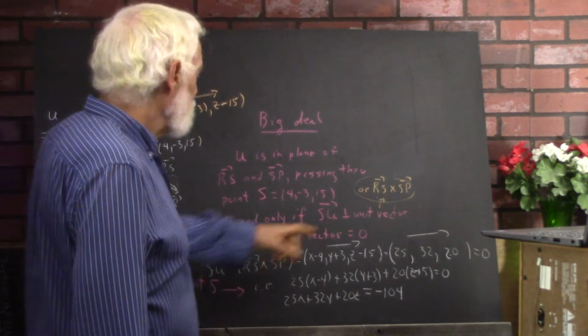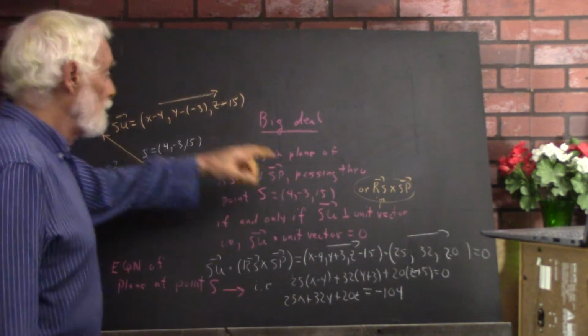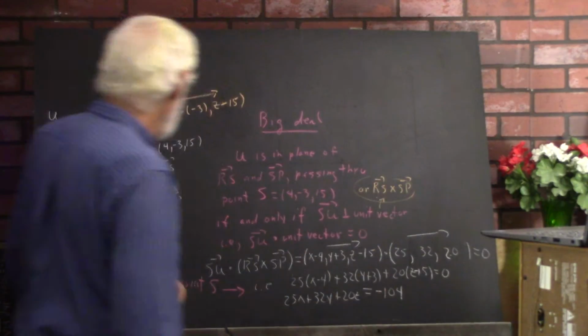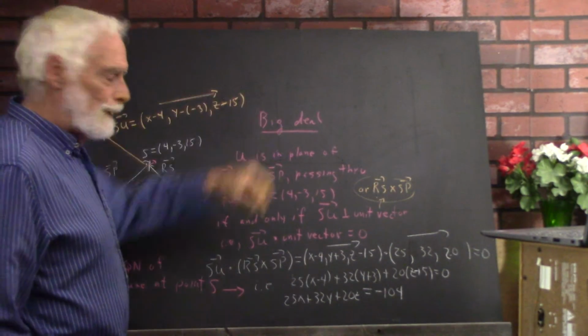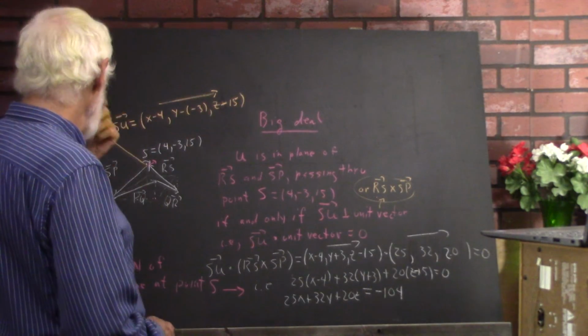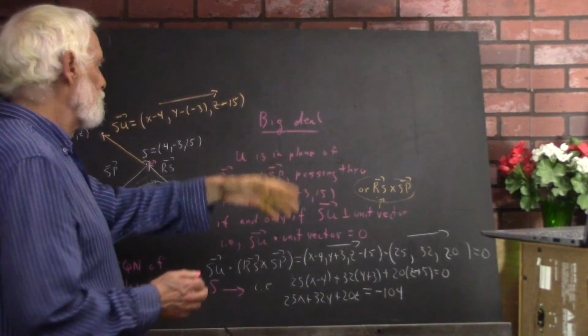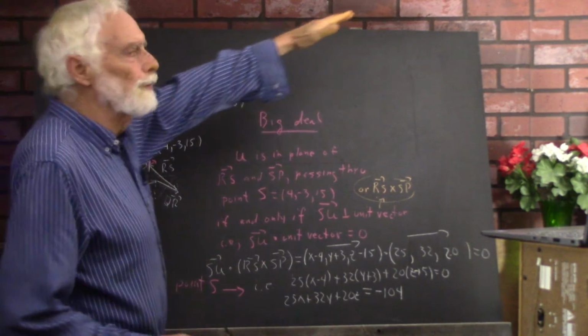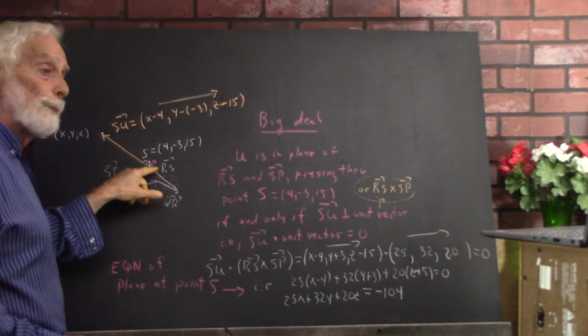Now it doesn't have to be the unit vector. It could be the original RS cross SP vector, which I haven't drawn, but it comes out and it's much longer. PQ is a little over 5 units long, and the RS cross SP is 40 units long, so I don't have room to draw it. It's convenient to use the unit vector, at least in the picture.